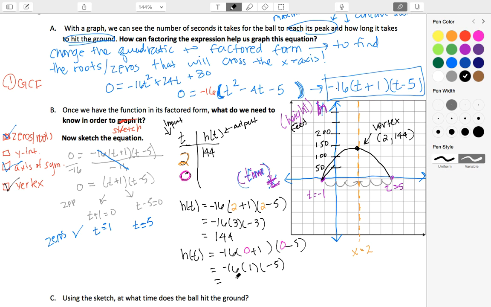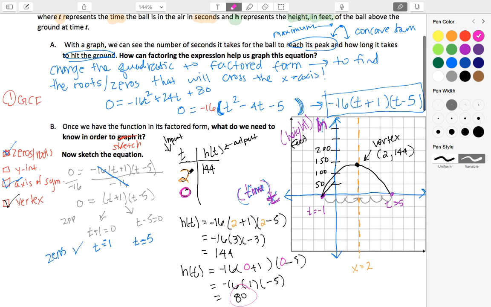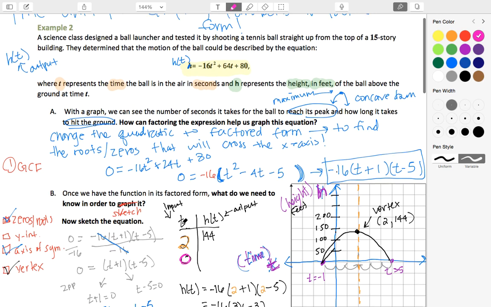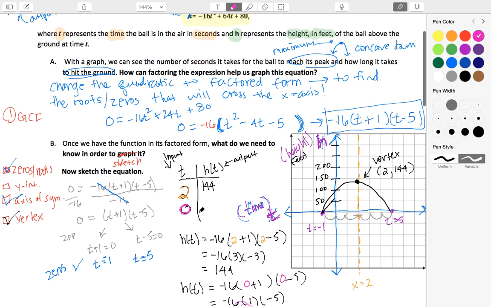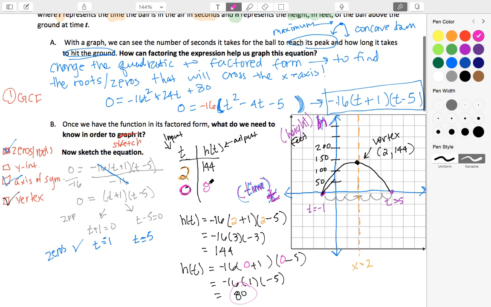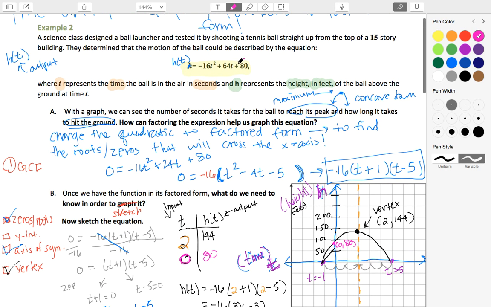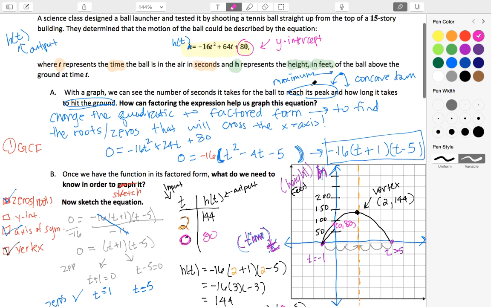What that means is that when the ball didn't even start being launched, the height is at 80. So our y-intercept is somewhere right here, at (0, 80). Usually you'll notice that this last term, your constant in standard form, is going to be your y-intercept, which is your initial starting point.